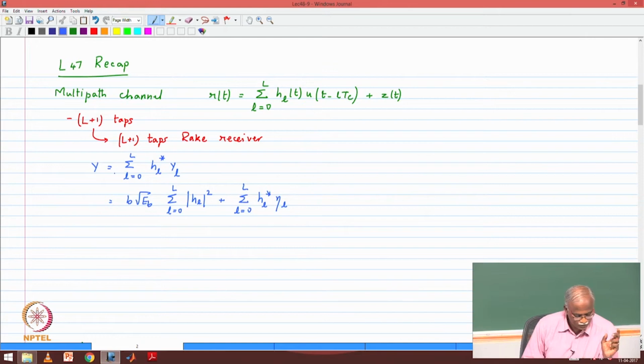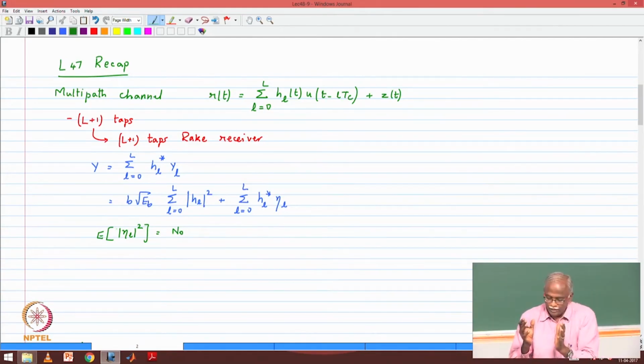We did this for the first branch. We noted that the components of the noise can be characterized. The expected value of eta_l squared was N naught, white noise. But if you look at the output of the correlator, there is some component related to the cross-correlation or the autocorrelation at different lags.